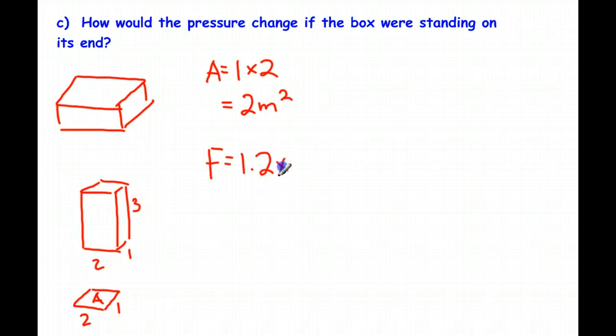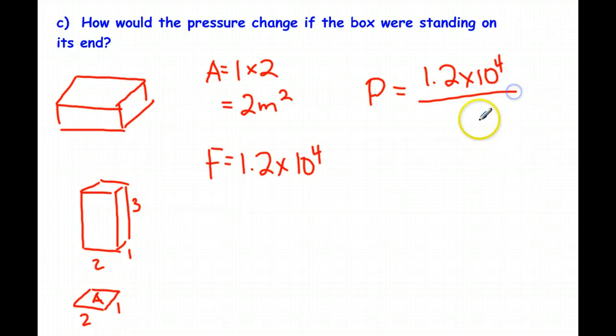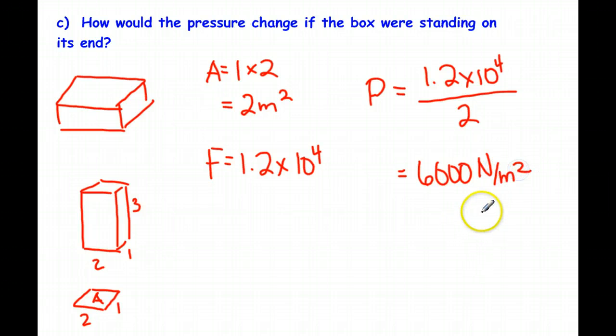Our force was 1.2 times 10 to the 4. But let's see what happens to the pressure now. And you'll see what happens. So we end up with 1.2 times 10 to the 4 divided by 2 this time. And we end up with a pressure of 6,000 newtons per meter squared, or pascals.